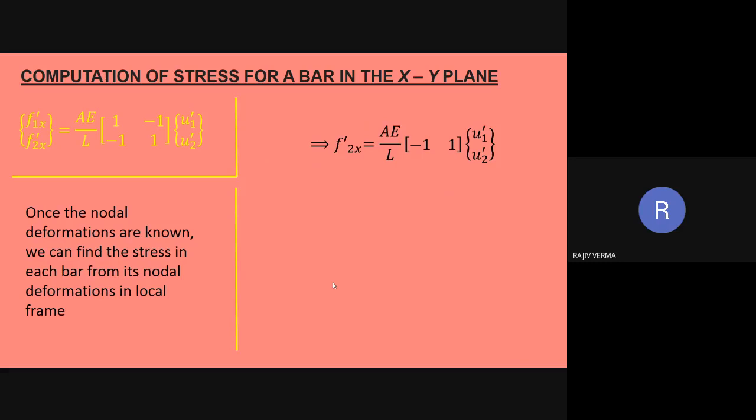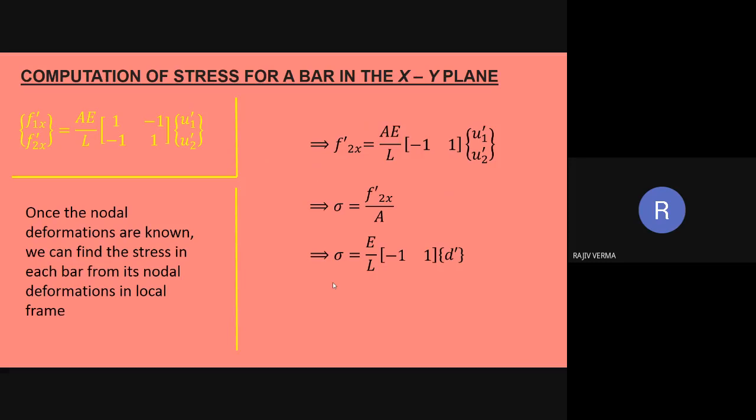So F2 is given by the expression on display, and once F2 is known, we can find the corresponding stress simply by dividing by the area. Therefore, stress is given by E divided by L multiplied by a matrix containing -1 and 1 multiplied by the local degrees of freedom.